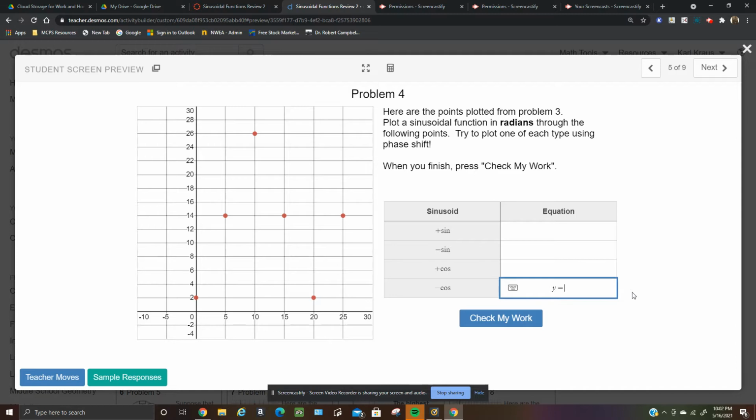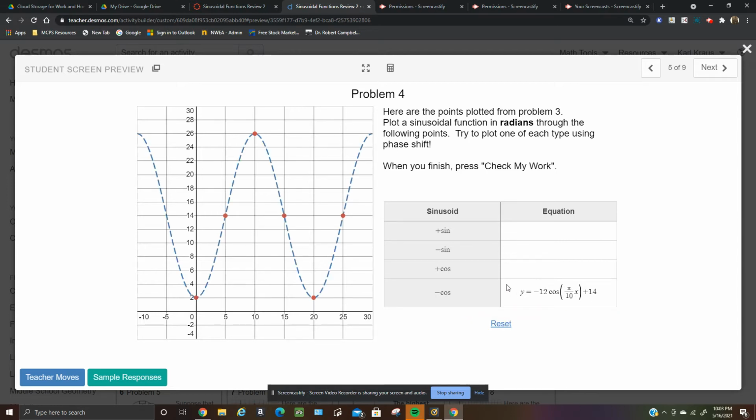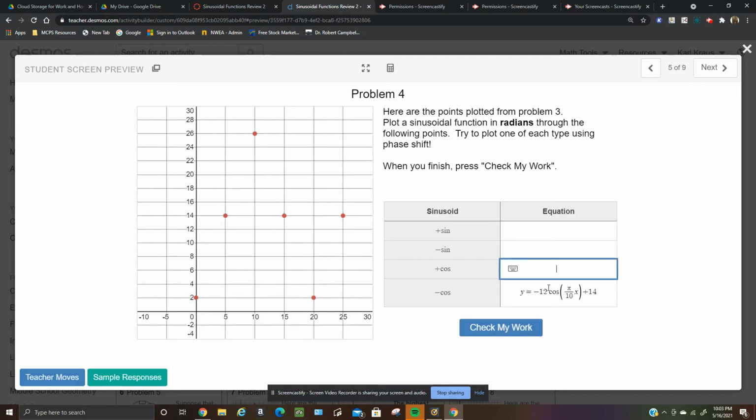Y equal negative 12 cosine 2 pi over 20, which is pi over 10, x plus 14. And then check it. That one works. So if I want to do positive cosine, I would start right here where my x value is 10.